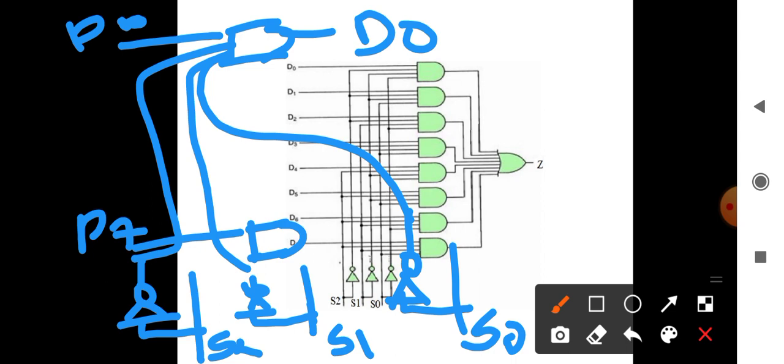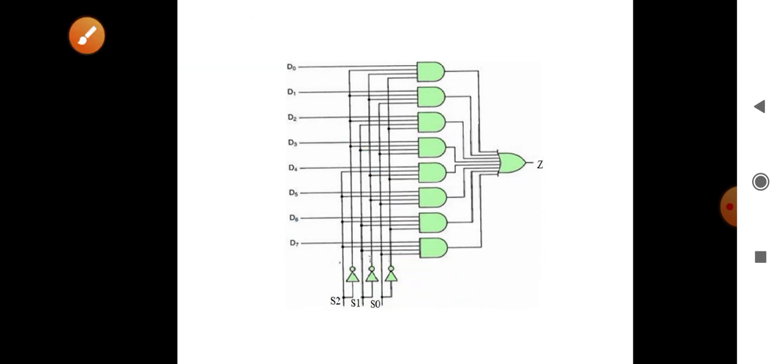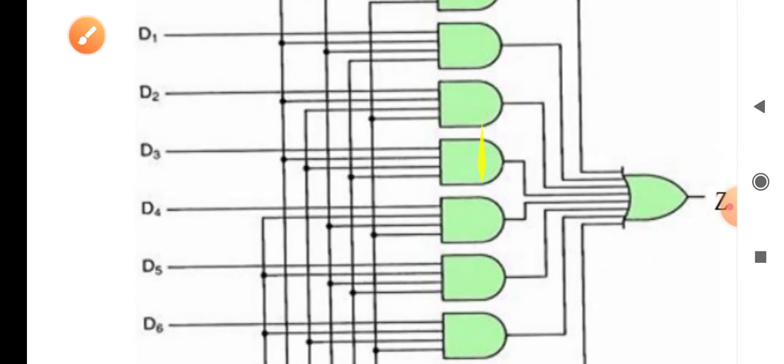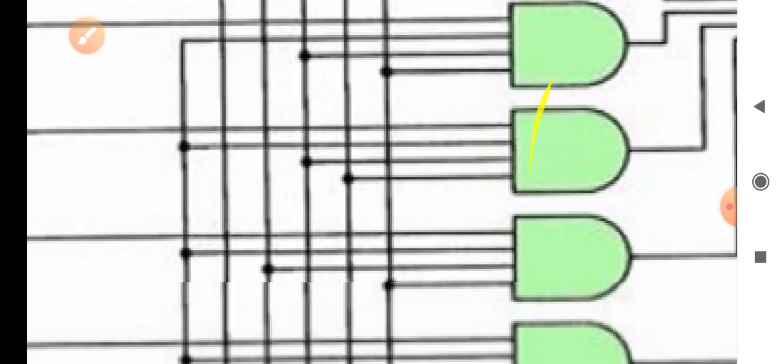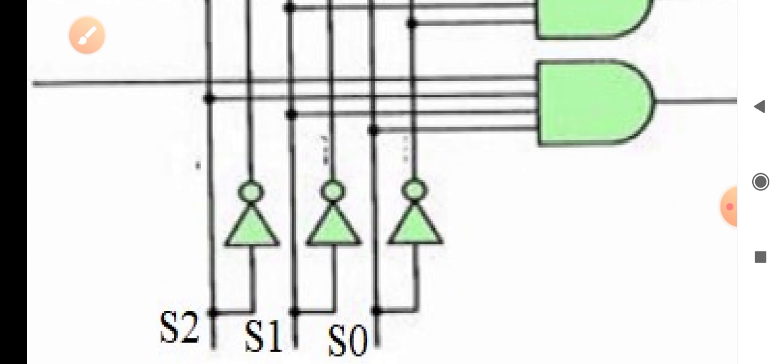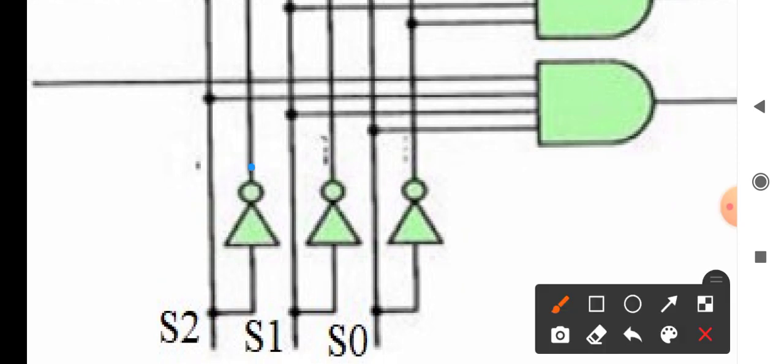See here, the same thing is being followed. Just zoom in and you can see that these are 4-input AND gates, and we are getting S0. This will be the S2 complement, this will be the S1 complement, this is the S0 complement.